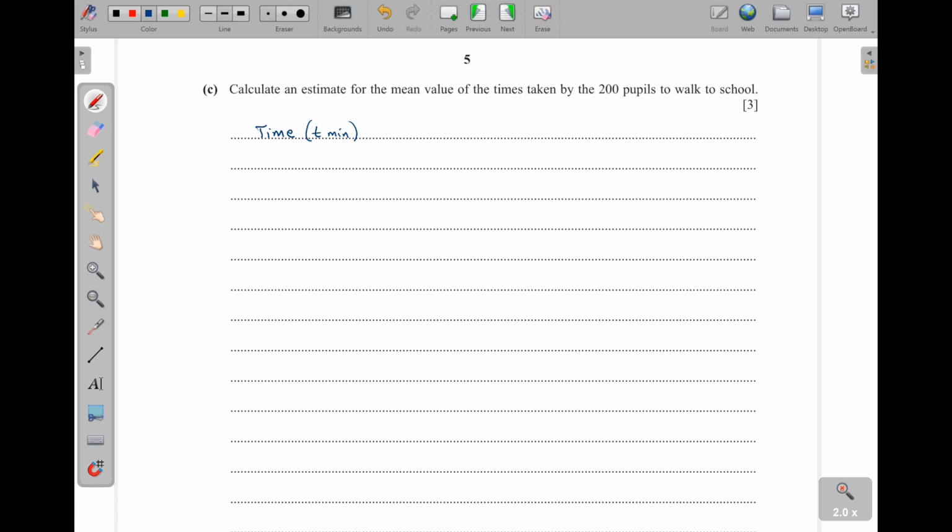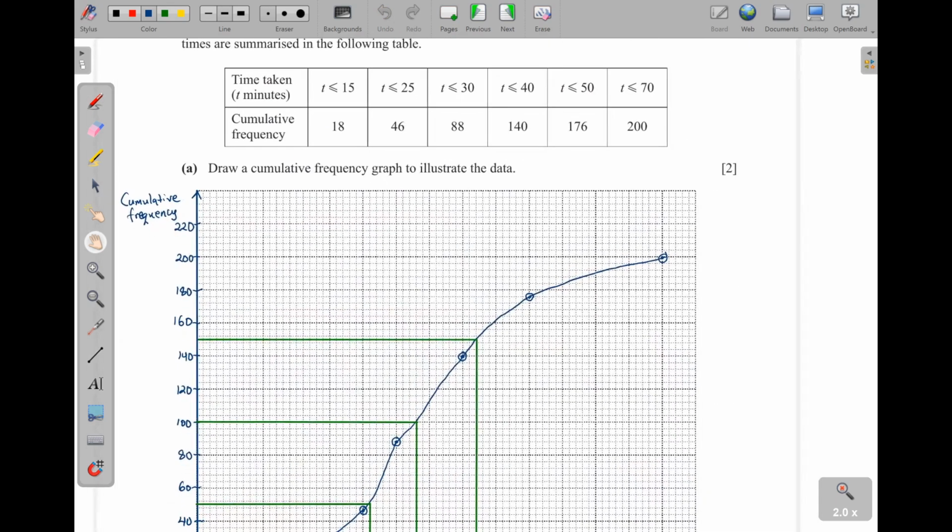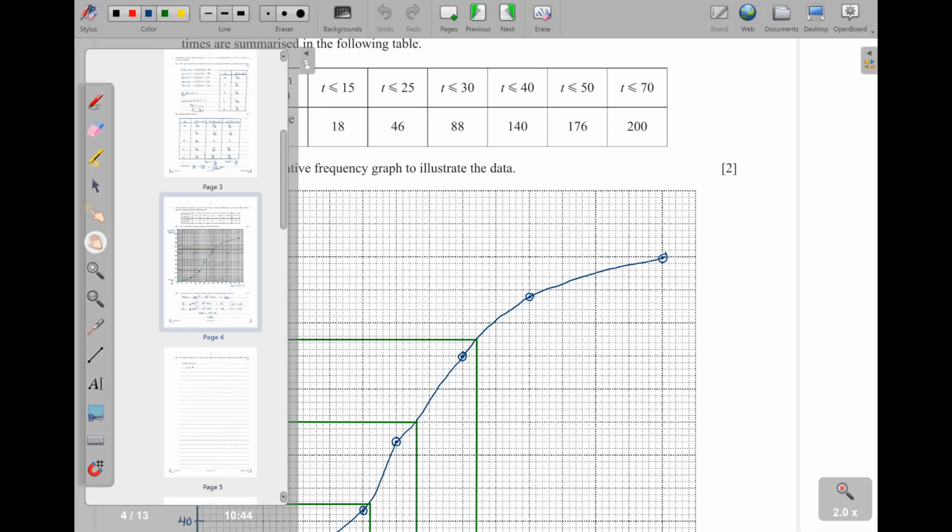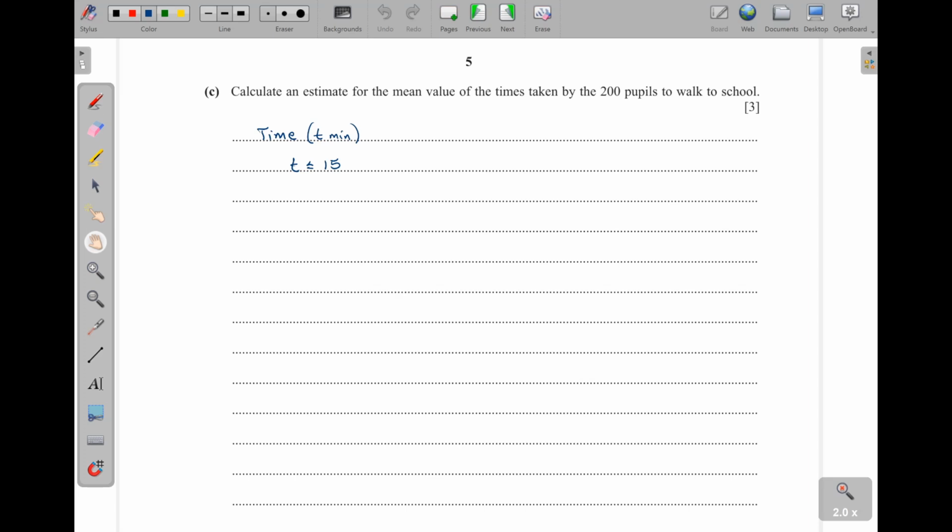The classes are going to be, remember, we are given less than or equal to 15, 25, 30, 40, 50, 70. So when I go back here, I can write that t.